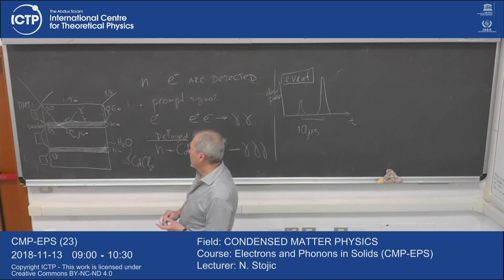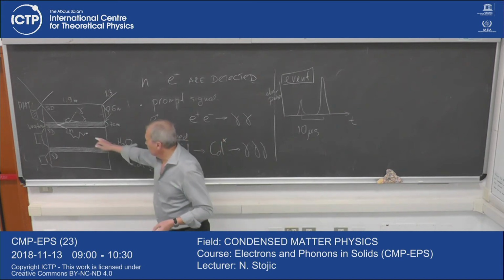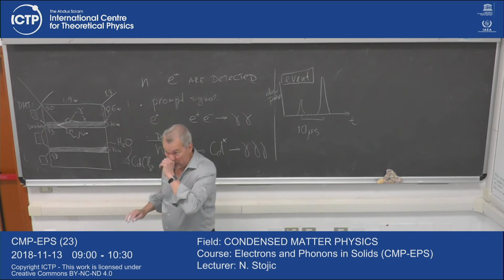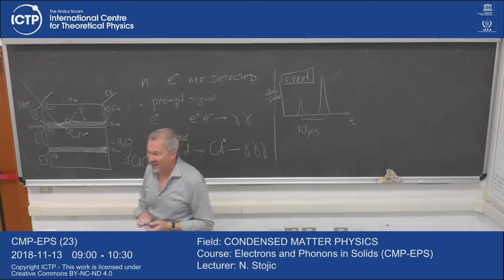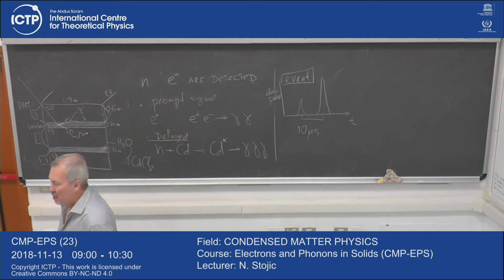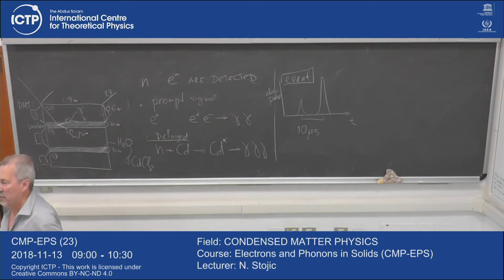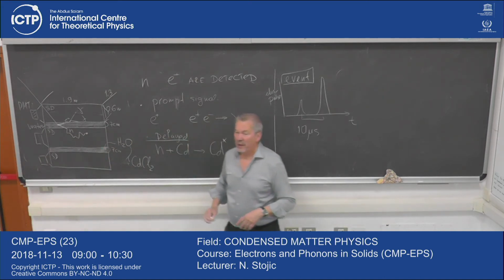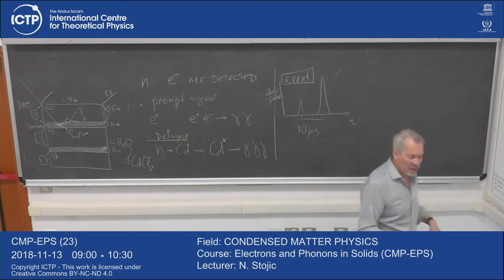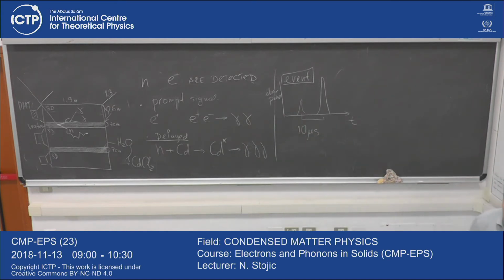So they are bigger than for the neutron. The neutron interacts due to strong interactions, and strong interactions are short-range interactions. So in spite of the strong interactions of neutrons, the total cross-section for the positron is much bigger. So it very quickly loses its energy and is then captured by an electron, which is around.